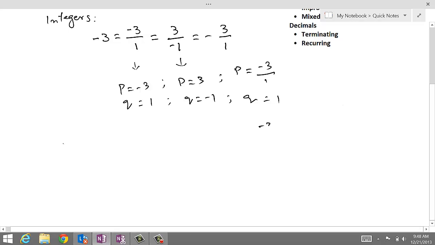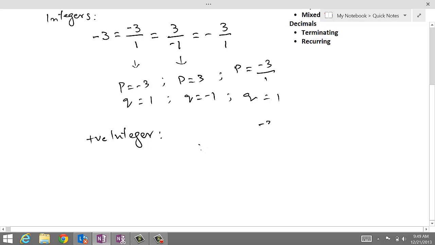So positive integers clearly are rational numbers because if we have, let's say, 0 is equal to 0 over 1.